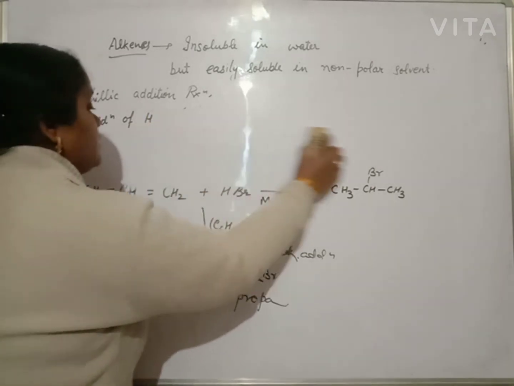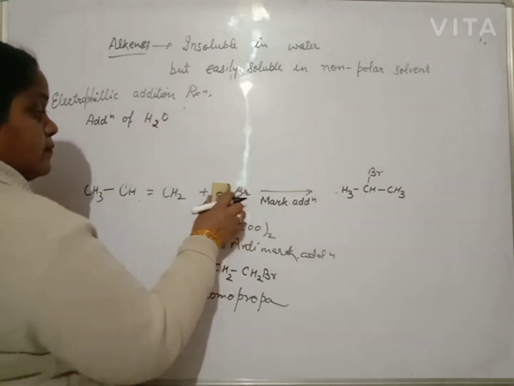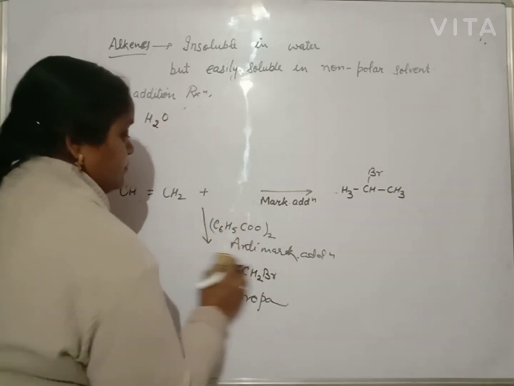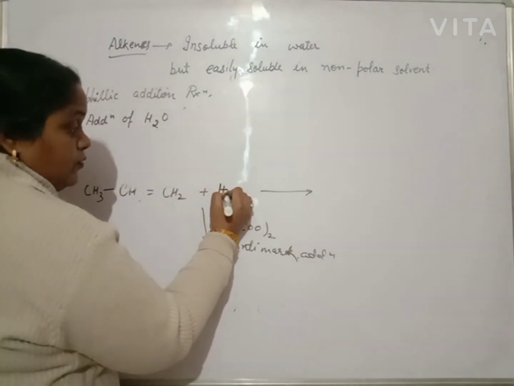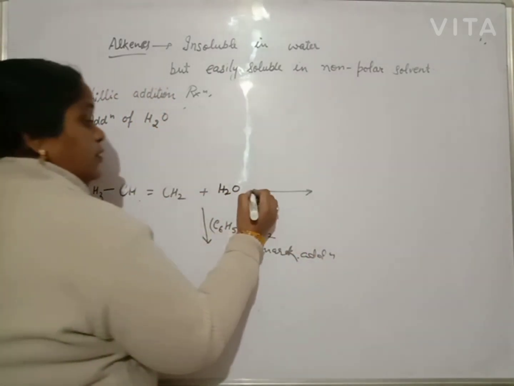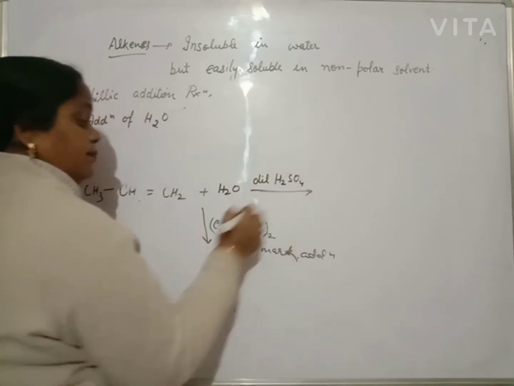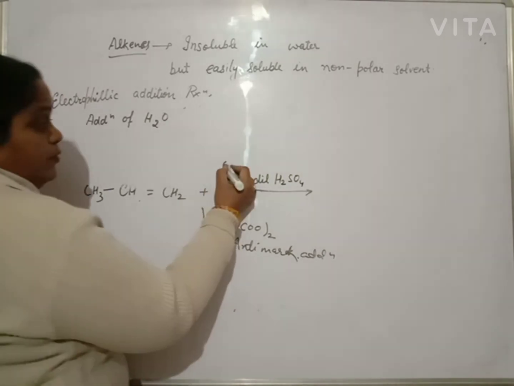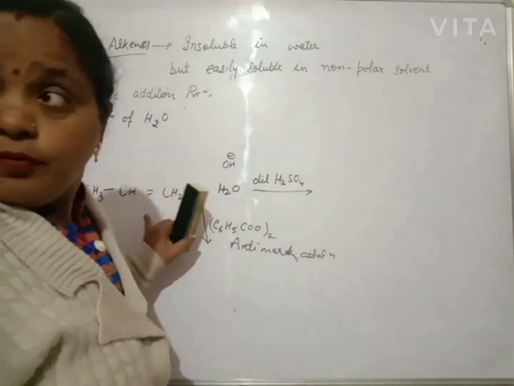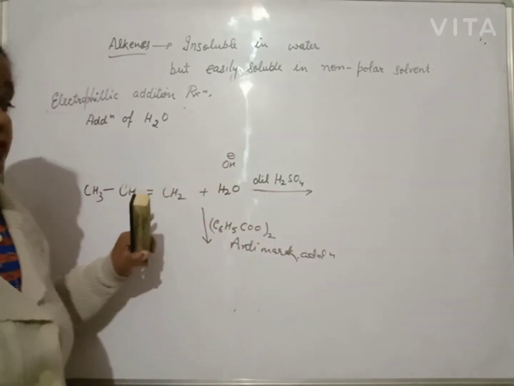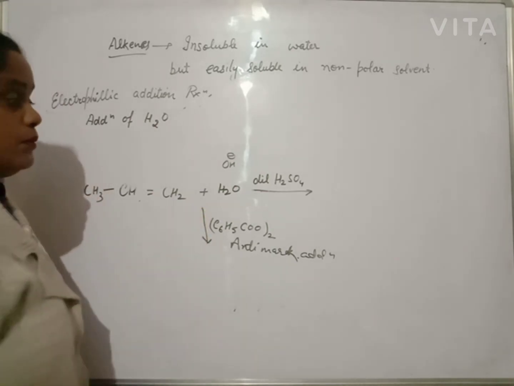Now another one is the addition of water. If we want to add water, it will be added in the presence of dilute sulfuric acid or in the presence of peroxide. Beta, the rule is the same. The OH part is negative. The negative part moves to the carbon with fewer hydrogen atoms in the case of Markovnikov addition, and more hydrogen atoms in the case of anti-Markovnikov addition.